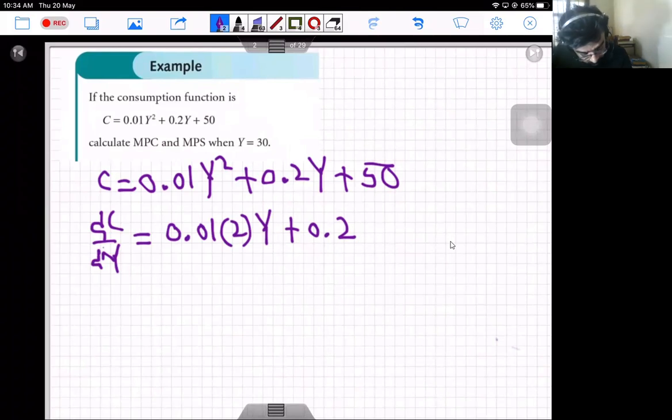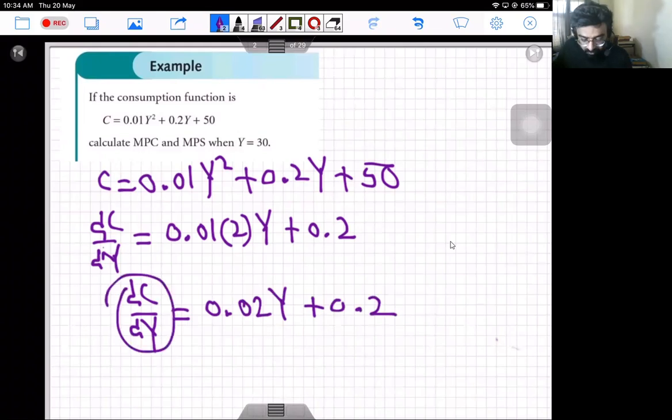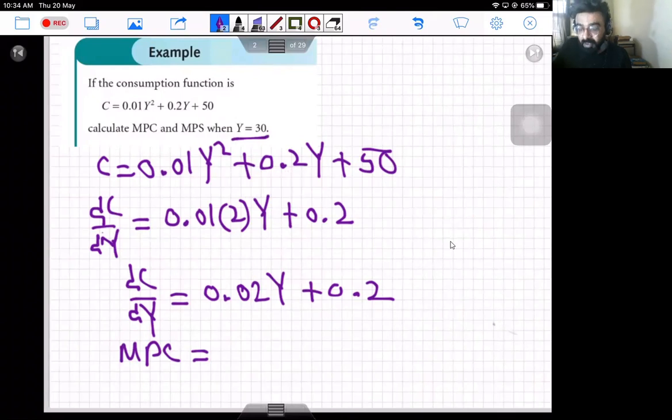So the derivative of consumption with respect to income is 0.02 times Y plus 0.2. And as we saw earlier, this derivative of consumption with respect to income is MPC. So we need to find the value of MPC at the point where income is equal to 30.